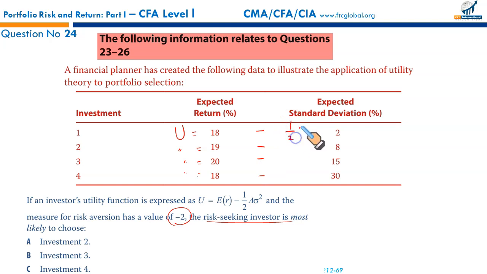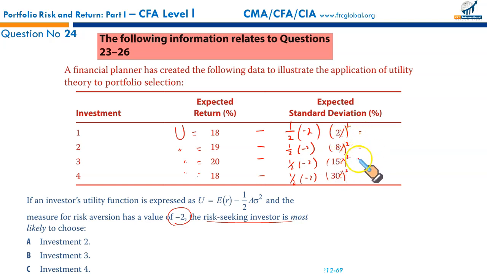Minus 1/2, risk aversion -2, 1/2 into -2, and of course these are the standard deviations, so they need to be squared. Remember, they are in percentages.